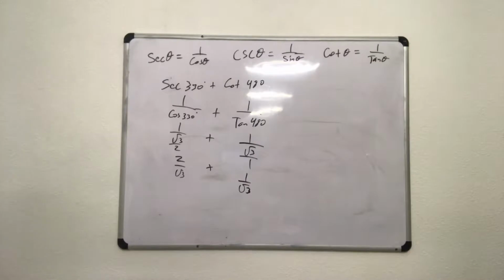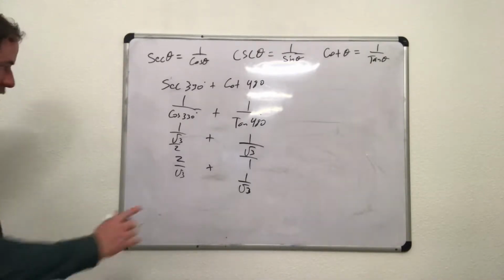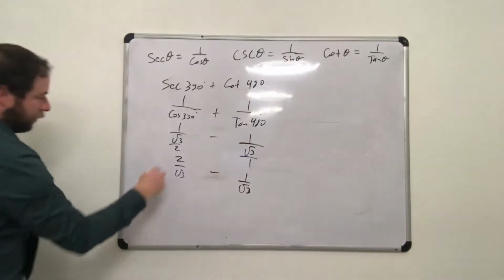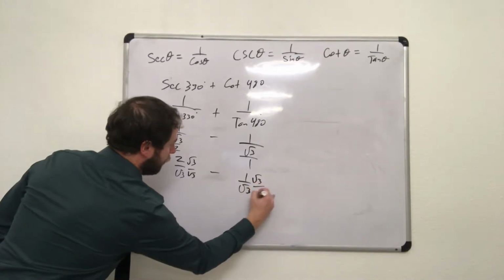And then, of course, you got to get the radicals out of the denominator. Also, the 1 over root 3 was a negative, so because it was a negative, even though it's a plus, you get the radical denominator, root 3 over root 3.